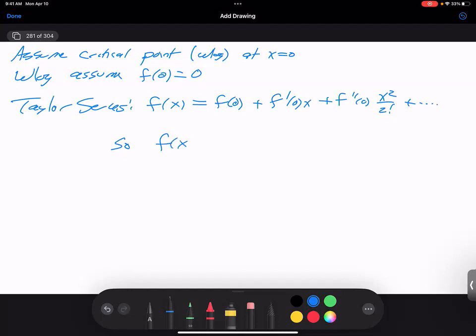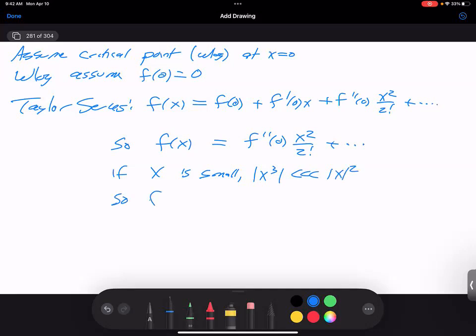So f of x would be equal to f double prime of 0 x squared over 2 factorial plus dot, dot, dot. If x is small, x cubed is much smaller than x squared. So we get f of x is approximately f double prime of 0 x squared over 2 factorial.